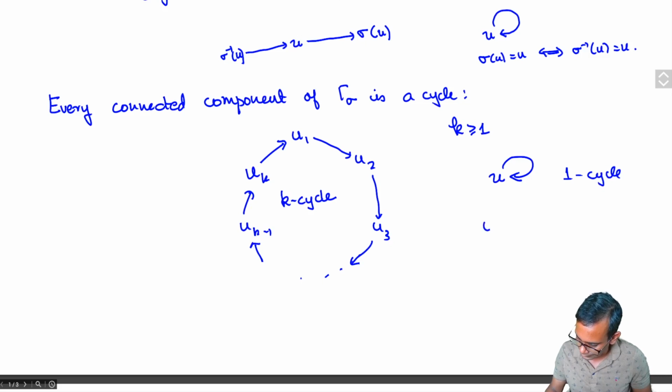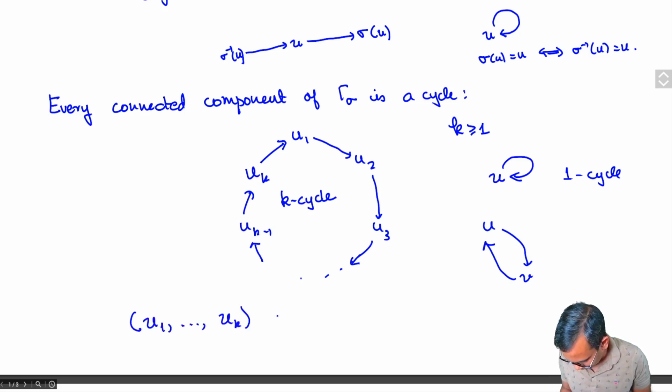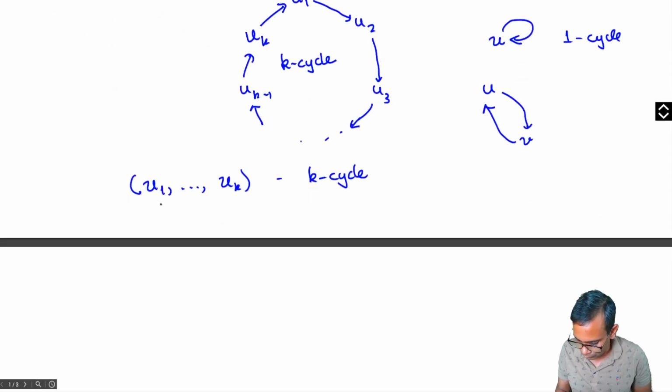A 2-cycle is where you have two elements U and V, U goes to V, V goes to U, and so on. We usually denote this by writing (U1 ... UK), and we say that this is a K-cycle. Now, the choice of where to start enumerating U1, U2, ..., UK is quite arbitrary.